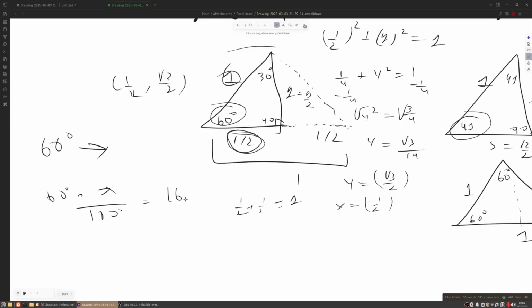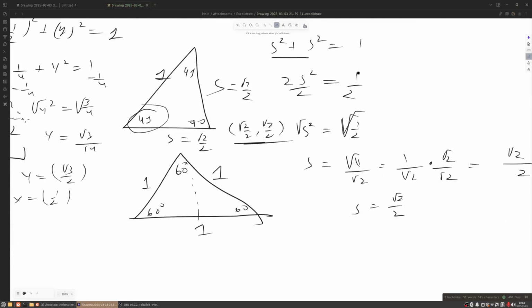Now, if we multiply this, we get 60 pi over 180. We can cancel those 0s out. 6 over 18 pi, divide 6 both sides, we get pi over 3. Now, pi over 3 is going to be equal to 60 degrees.